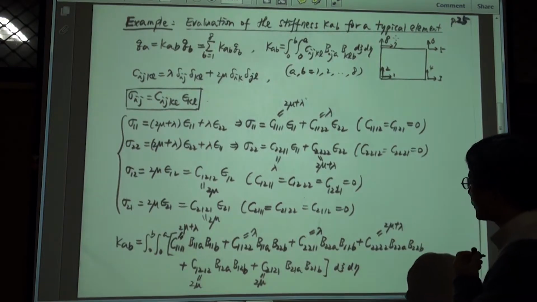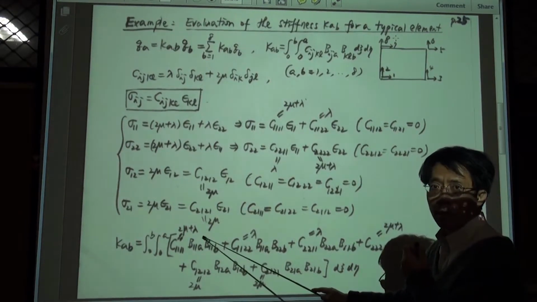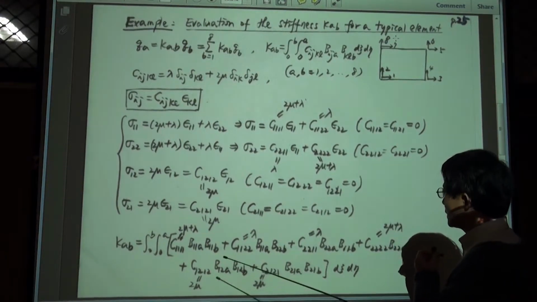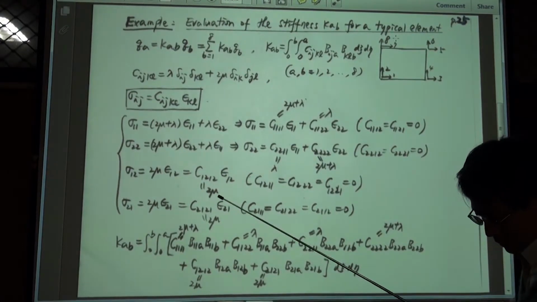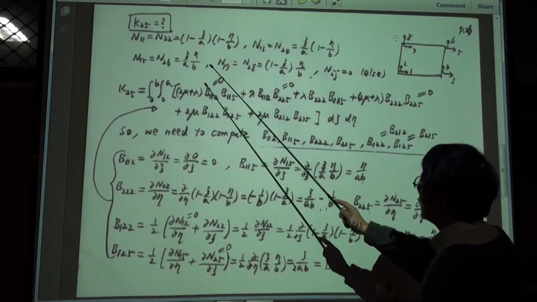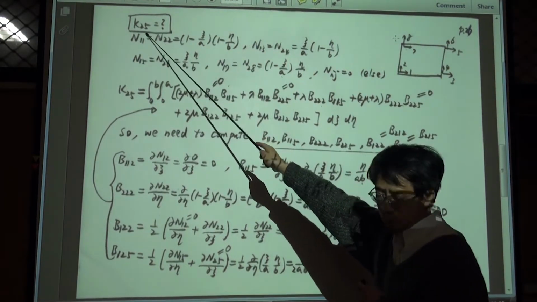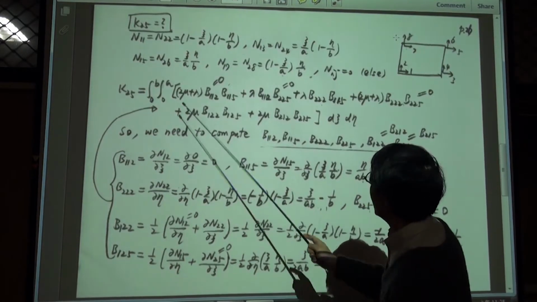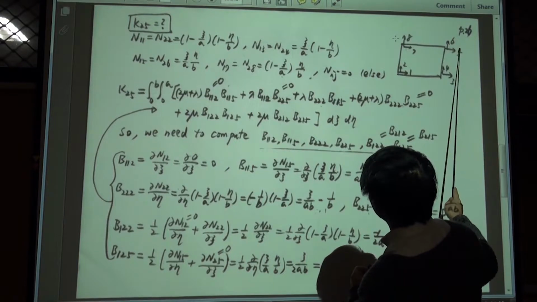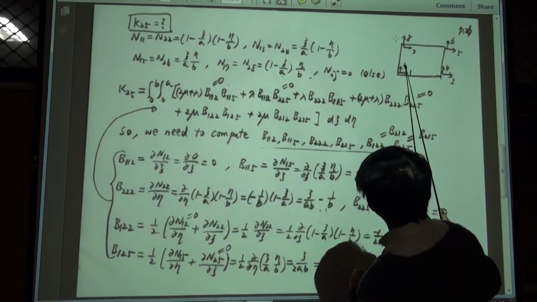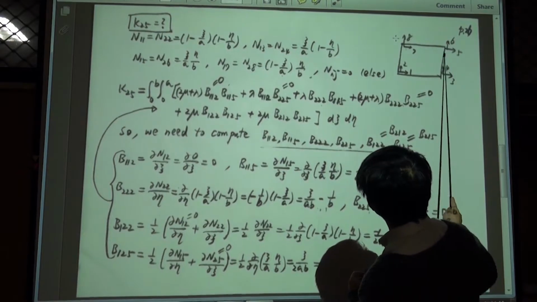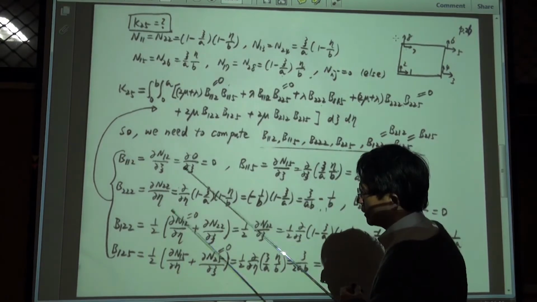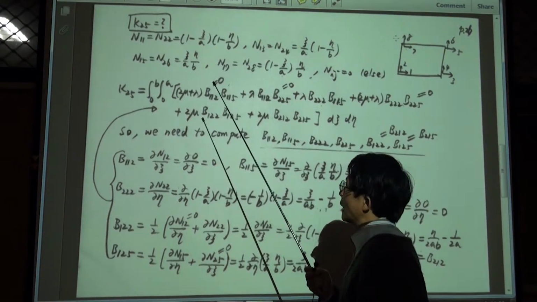And also, we can compute the shape function for the strain easily. We use one example, K25, which means A equals 2 and B equals 5. K25 means we want to relate the nodal force P2 to the nodal displacement Q5 by this stiffness component.